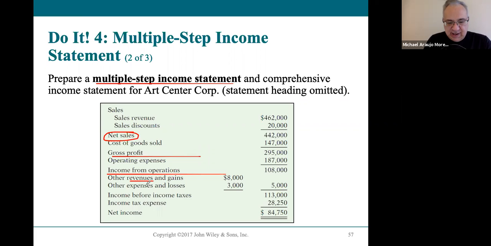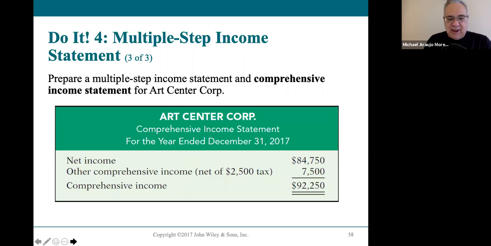Adding the revenue and gains, subtracting out the other expenses and losses, that's going to add $5,000 to the profit. That's your profit before the taxes. Take away whatever rate they give you. In this case, it's 25%. Income tax expense will give you your net income. From that net income, we would either add or subtract the other comprehensive income, which I'm not requiring you to do.